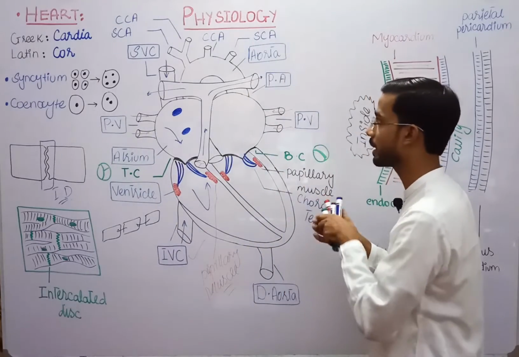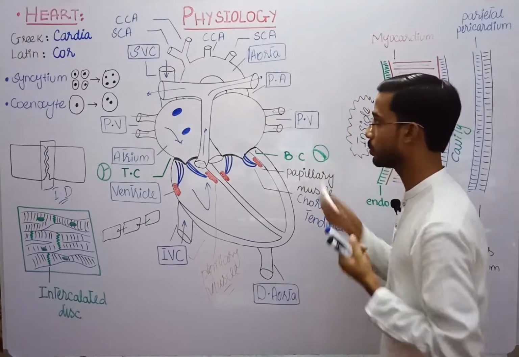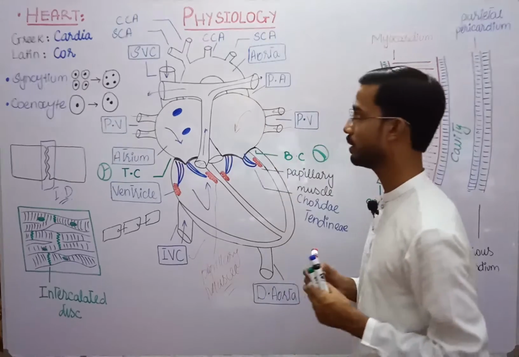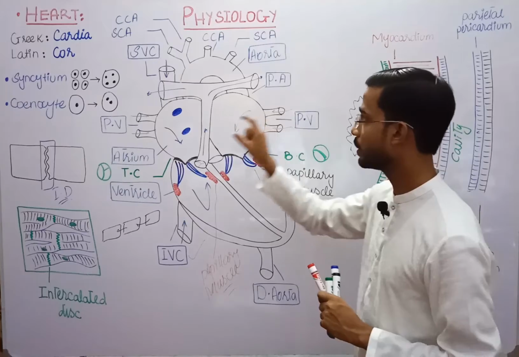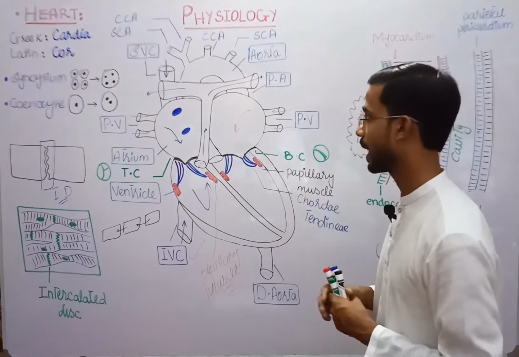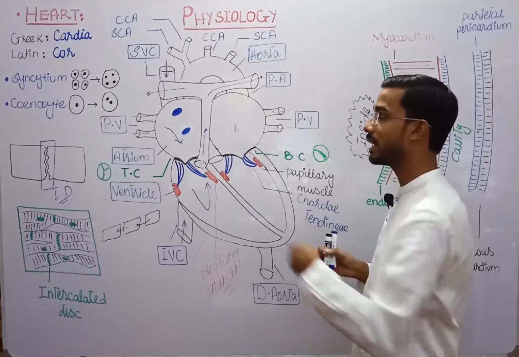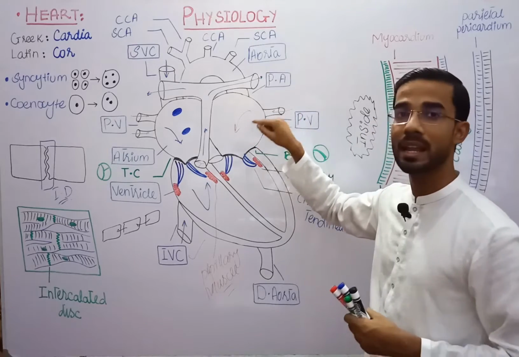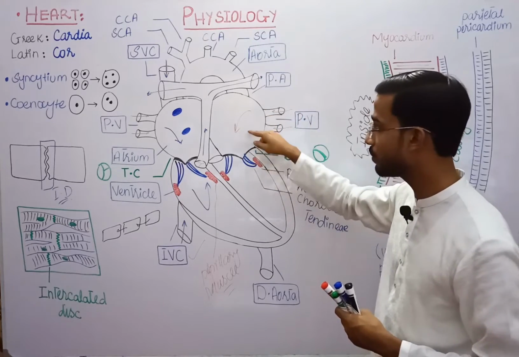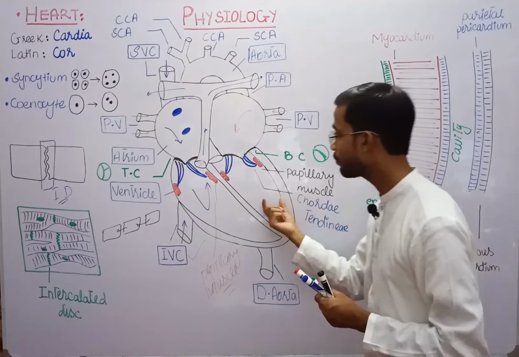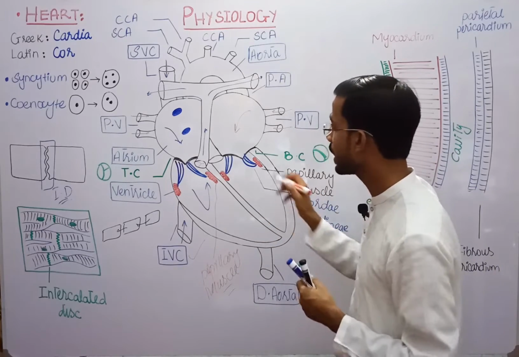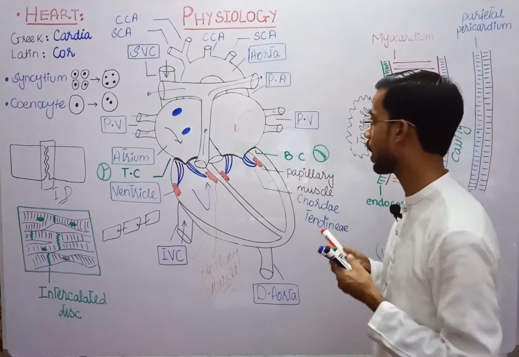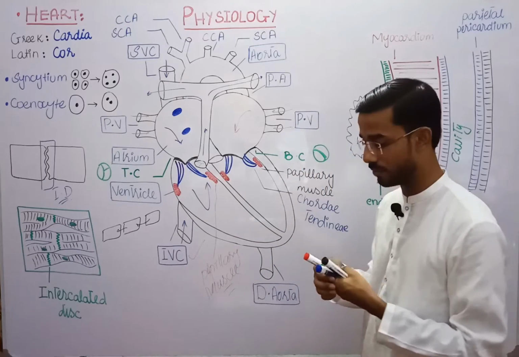And these 4 pulmonary veins will open into the left atrium, right? Then it will move into the left ventricle, right?